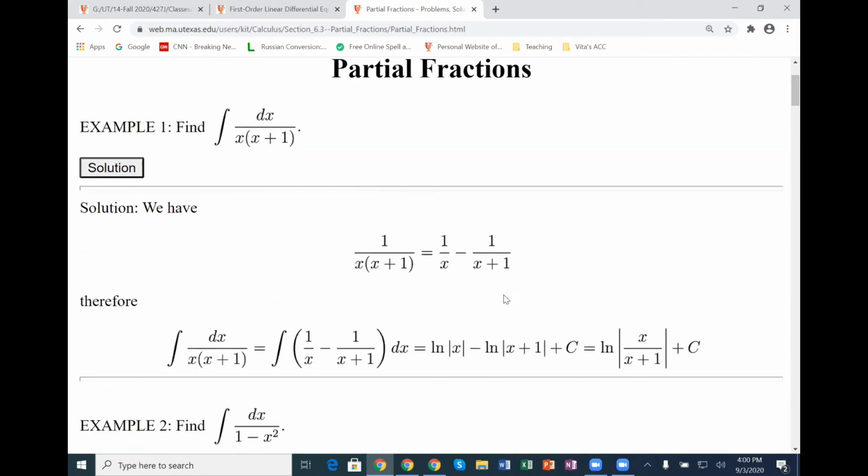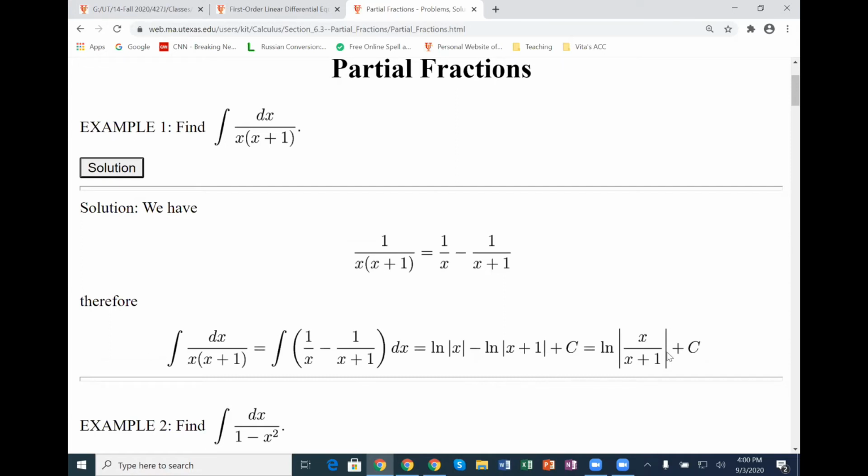By college algebra, this is equal to 1 over x minus 1 over x plus 1. And then the rest is easy. Our initial integral is equal to the integral of 1 over x minus 1 over x plus 1. Antiderivative of this is ln of absolute value of x. Antiderivative of this is ln of absolute value of x plus 1, and the result follows.